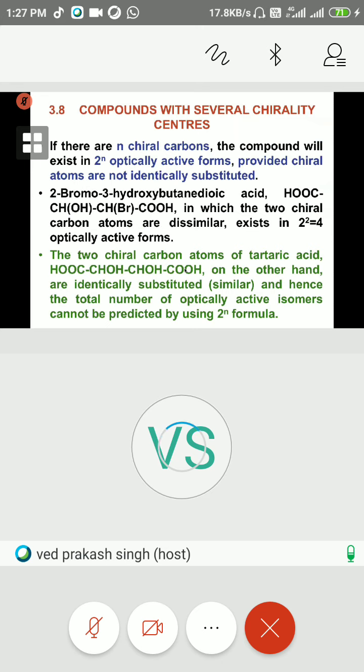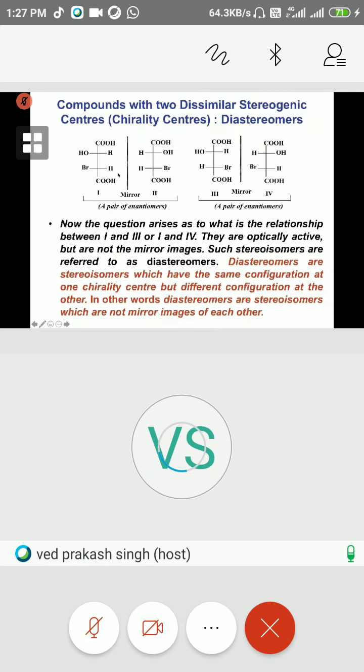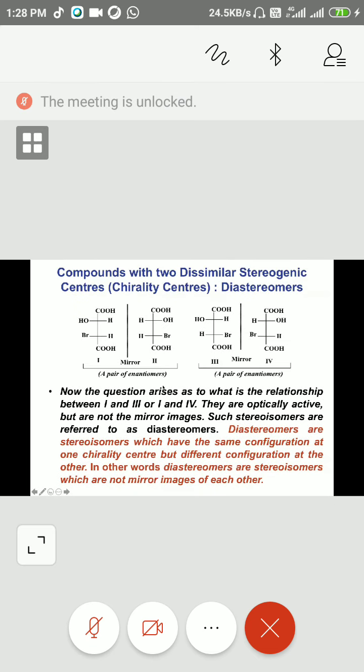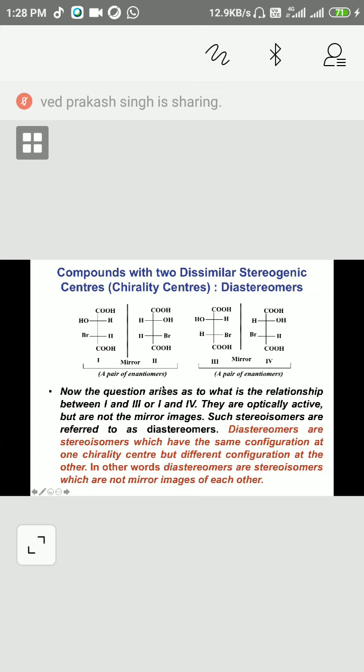In the same way, second is the enantiomer of 1, but a diastereomer of 3 and 4. Enantiomer means mirror image; diastereomer means there is no such relation.